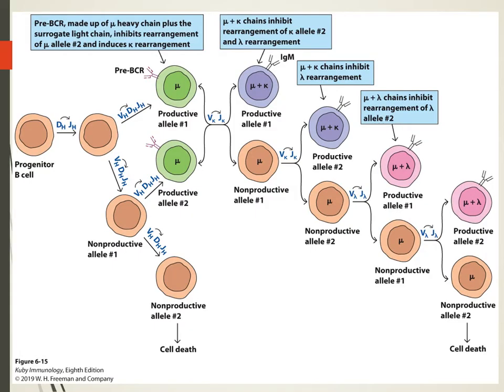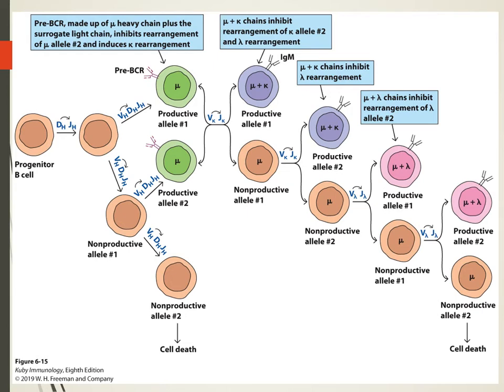So looking at this in a figure, we have our progenitor B cell, and again, the heavy chain goes through the selection so that we have a set VDJ for that heavy chain. If that isn't a good one, if it's non-productive, then that's where we can get cell death. Okay.